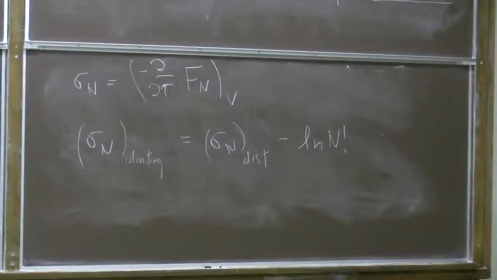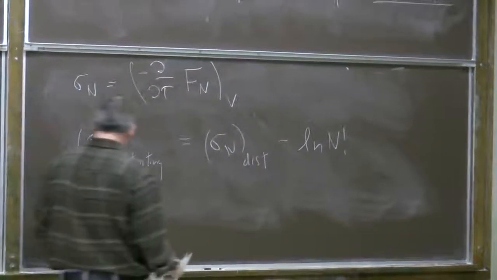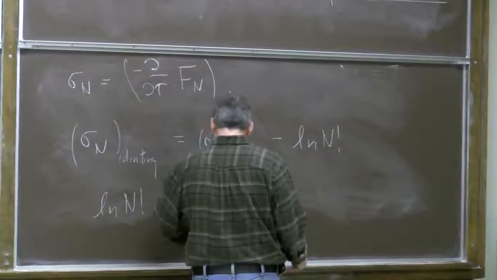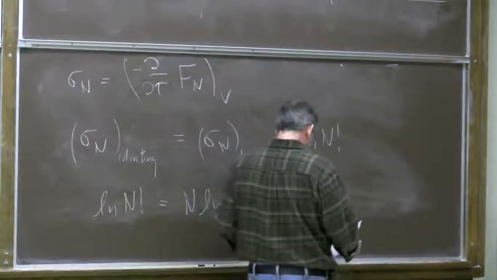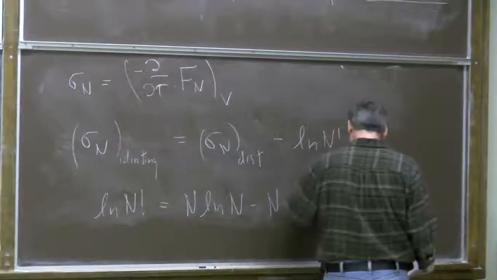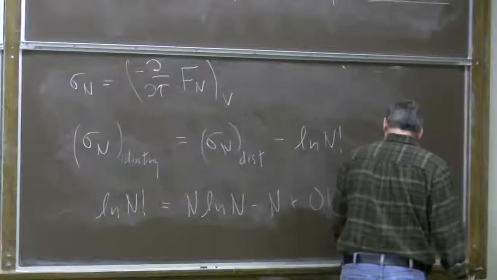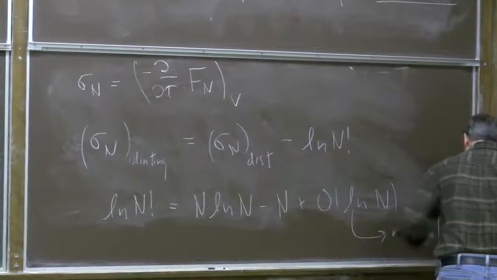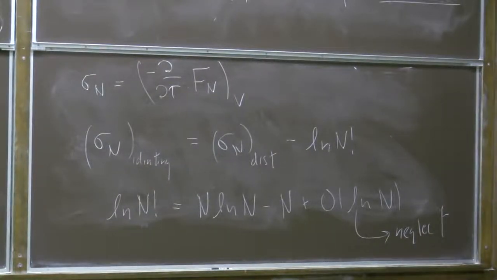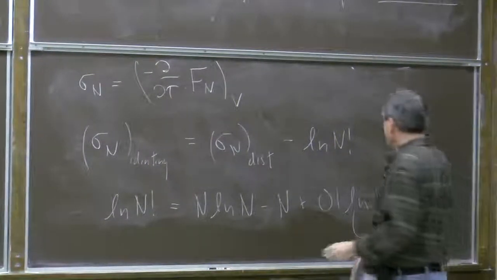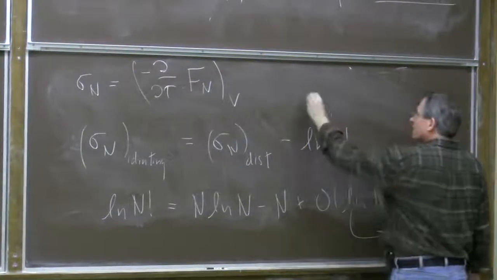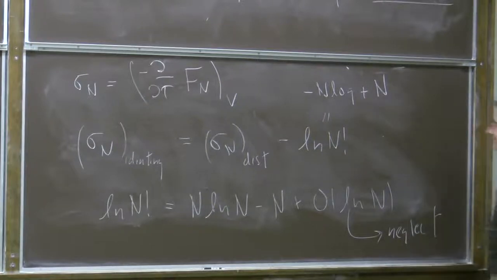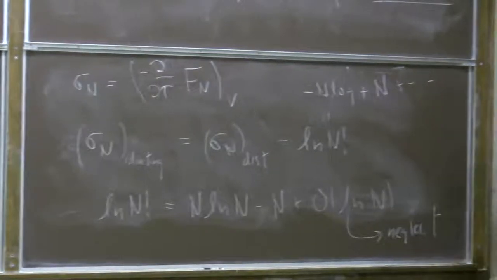And we can use the Stirling approximation, as we're always inclined to do, writing the log of n factorial as n log n, minus n, plus order log n, which we'll neglect as subleading when the number of particles is large. And look what happens. This becomes minus n log n plus n, plus other stuff we neglect.